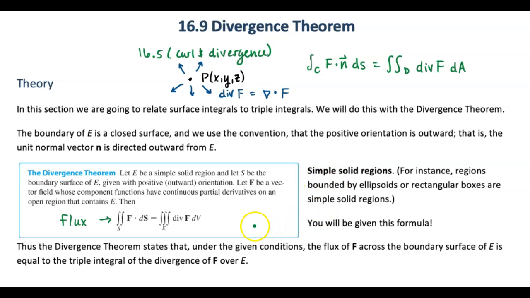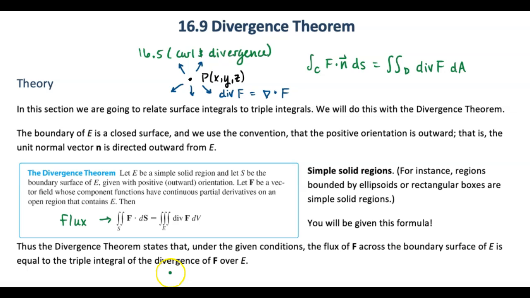And so this can be something like an ellipsoid, a box, it can be a paraboloid, and really we're only going to be dealing with these simple solid regions. And simple solid just means that they don't cross over each other, there aren't any discontinuities, nothing crazy like that.